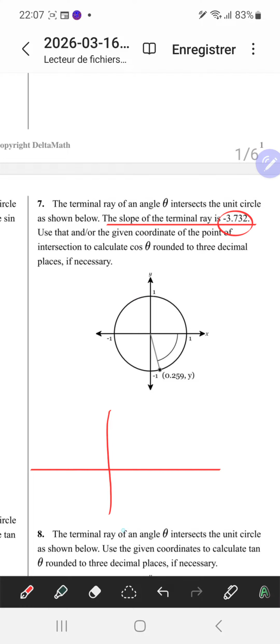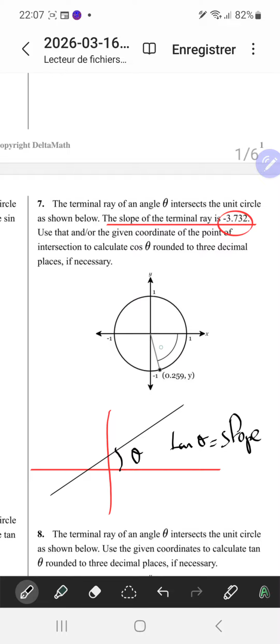I mean, when you have a line, this angle from this to this, theta, its tangent is exactly the slope of the line.